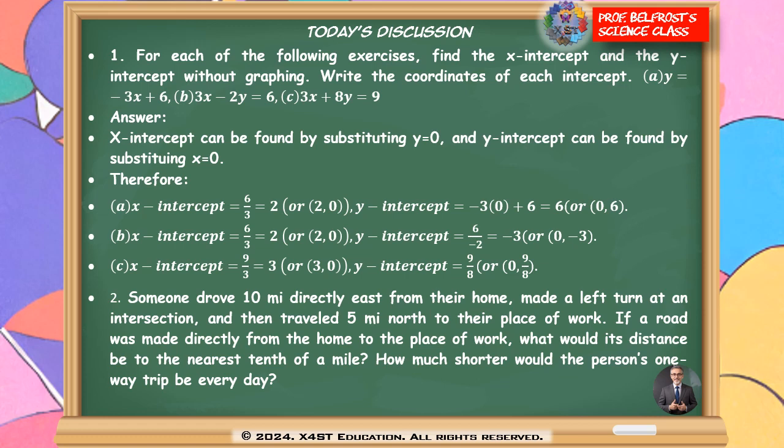Number one: for each of the following exercises, find the x-intercept and y-intercept without graphing, and write the coordinates of each intercept, of course as xy pairs. There are three, a, b, and c, and they can be solved by the same method. The x-intercept can be found by substituting y equals 0, and the y-intercept is vice versa: we substitute x equals 0.